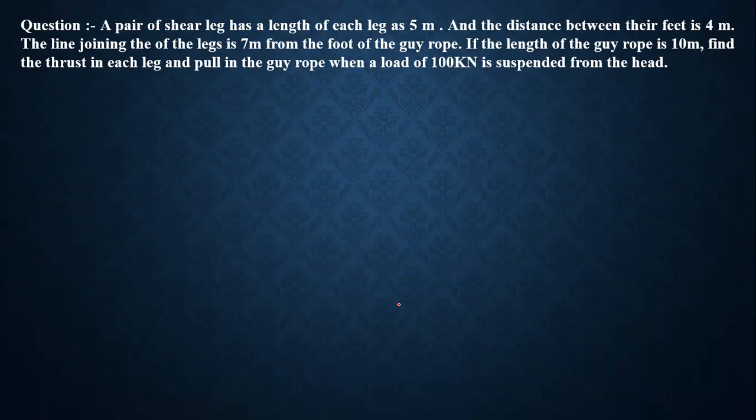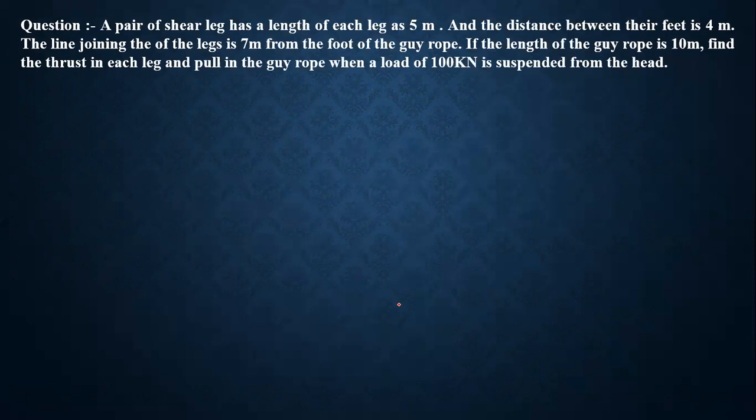The line joining the legs is 7 meter from the foot of the guy rope. If the length of the guy rope is 10 meter, find the thrust in each leg and pull in the guy rope when a load of 100 kilonewton is suspended from the head.